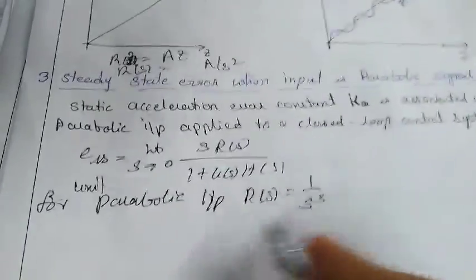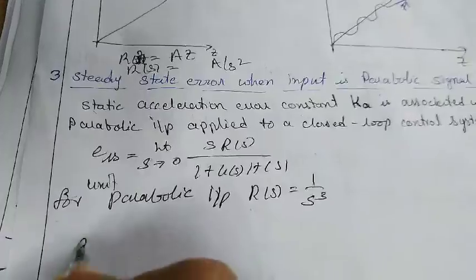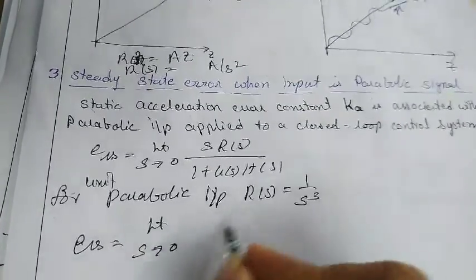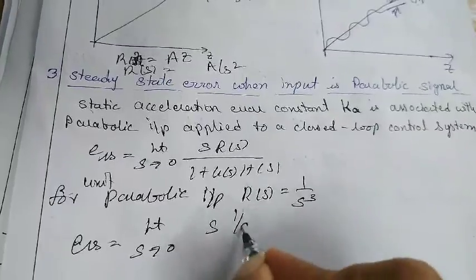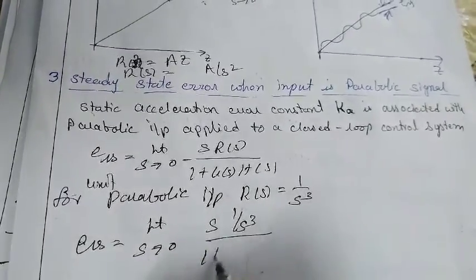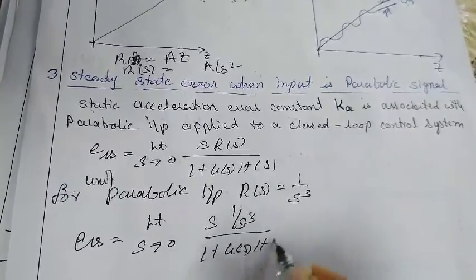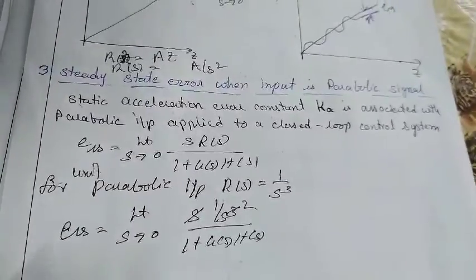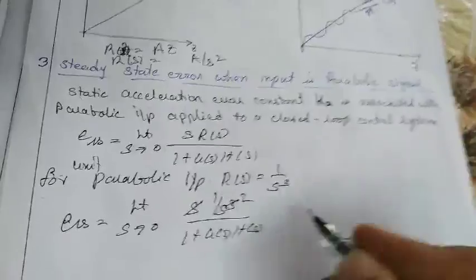If I substitute R(s) in this, ESS will be limit s tends to 0 of s into 1 by s cube divided by 1 plus G(s)H(s). One s will get cancelled, so I'll get s square.